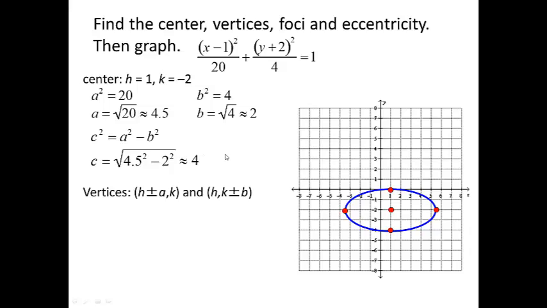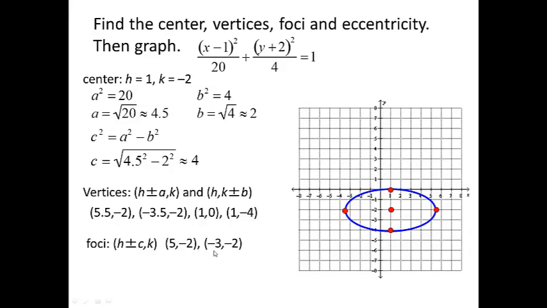And then our vertices are going to be h plus or minus a, and then k plus or minus b. And my focus points are 5, -2 and -3, -2. Eccentricity is c over whichever one of these is larger, and 4.5 is larger than 2. So we put 4 over 4.5 and get approximately 0.89.